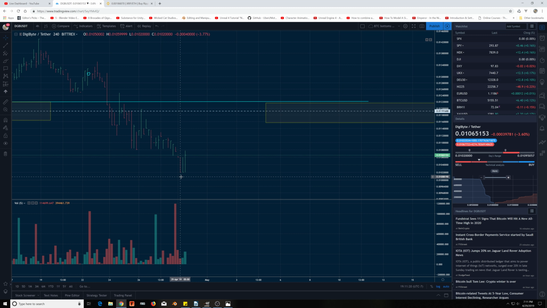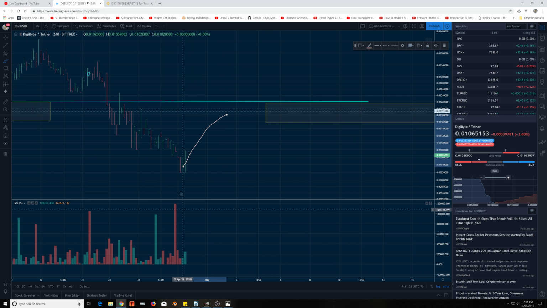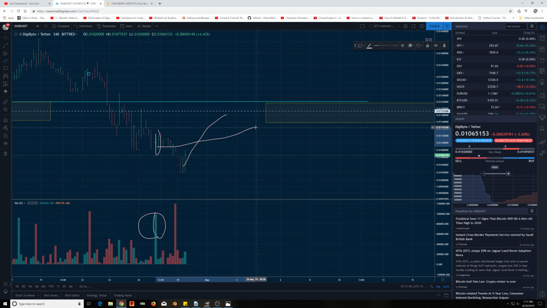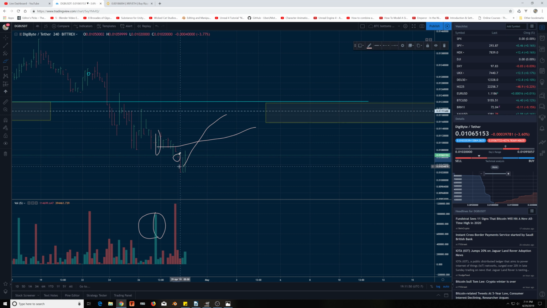Normally I would call this stopping volume, that there was enough volume to stop it, and then it would turn around and do one of those V things, right? It could do that, but this is kind of odd, because this amount of volume pushes upward. This one on this real tiny thing right here, sorry, huge downward.